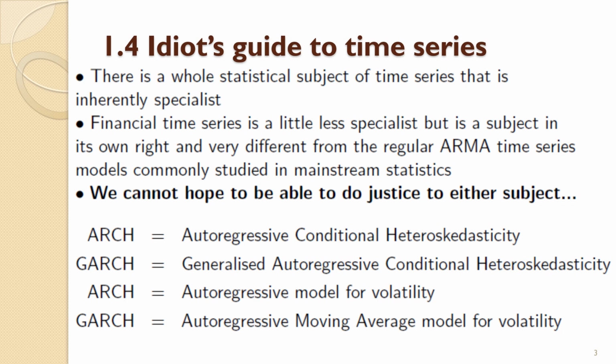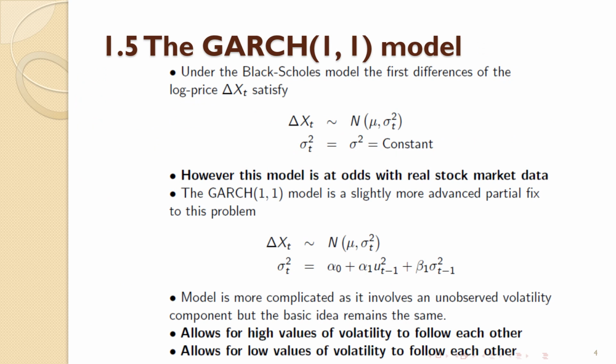So what you have here is that the ARCH model is an autoregressive model for volatility, and the GARCH model is an autoregressive moving average model for volatility. Just to try and put that into context, if you don't know what these terms mean, don't worry. Now, you start with the Black-Scholes model, and under this model the volatility is constant, and again this is at odds with real stock market data.